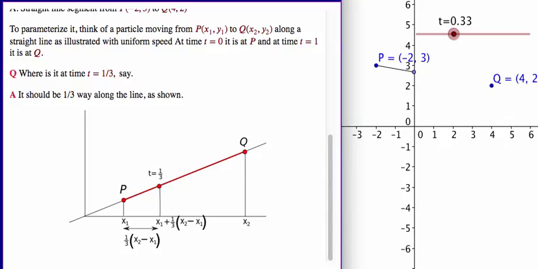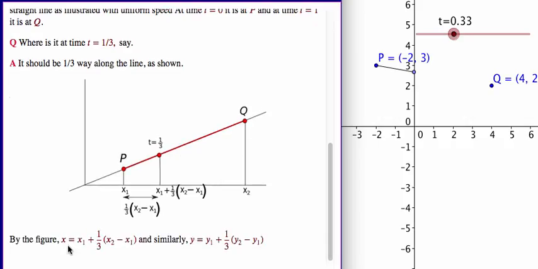That's kind of nice, so let's formalize that and make it official. At time t equals 1/3, x is x1 plus 1/3 of the difference. And similarly, if you do everything on the y-axis, the same picture just projected onto the y-axis, y will be y1 plus 1/3 of the difference of the y-coordinates.